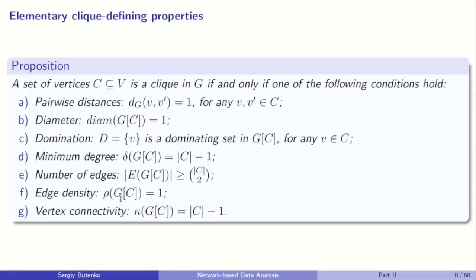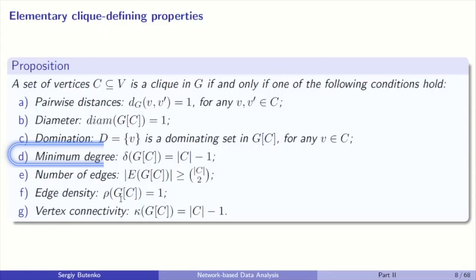This proposition essentially summarizes all the equivalent definitions of a clique we discussed in the previous couple of slides. So a set of vertices C is a clique in G if and only if one of the following conditions holds. Any of these is an equivalent definition of a clique. The distance between any pair of vertices in the original graph is equal to 1. If you are talking about the induced subgraph here, then it becomes a diameter. Then the domination-based definition: a single vertex is a dominating set for any vertex.